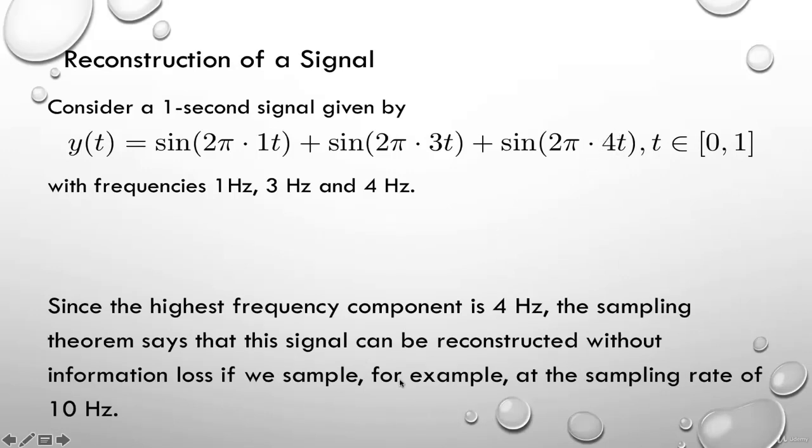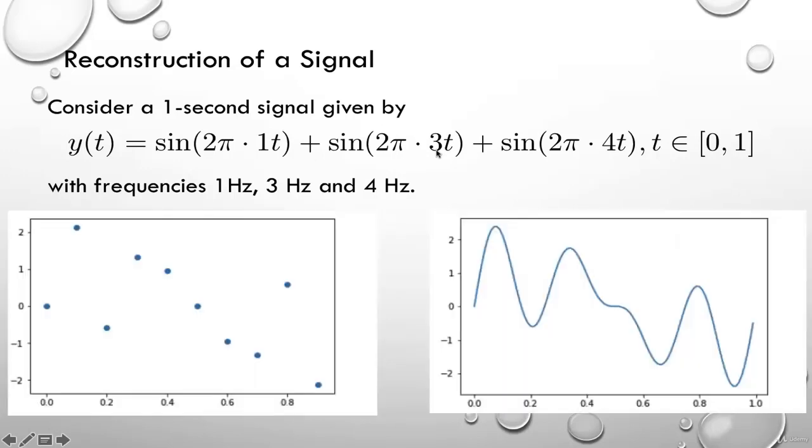If I sample at 10 hertz, 10 divided by 2 is 5, so Nyquist would be 5. Notice that all my frequencies are less than 5, so if I sample at a rate of 10 hertz, then my data would be accurate in reflecting all of these frequencies.